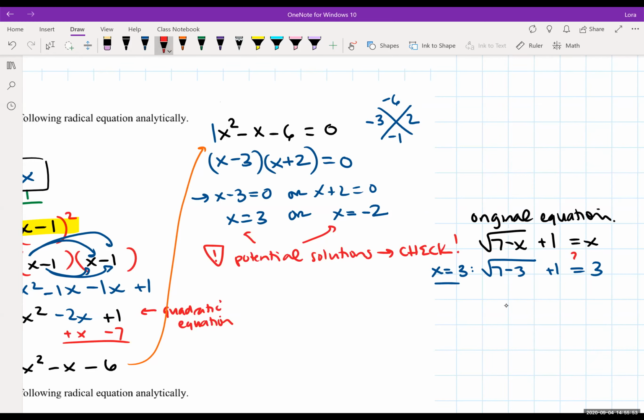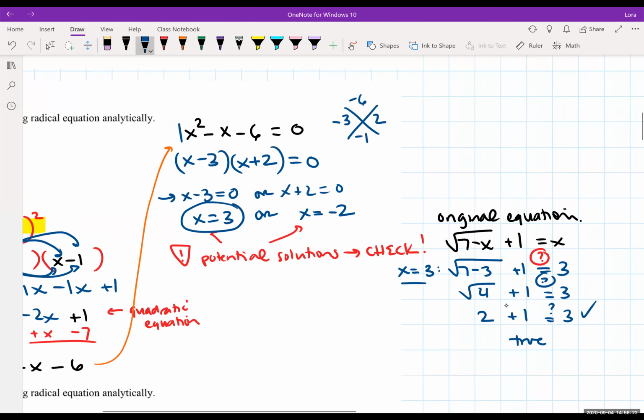And remember, it's a question, we're not sure yet. So when we simplify the 7 minus 3, we get square root of 4 plus 1 equals 3. We're still not sure yet. Square root of 4 is 2, plus 1 equals 3. Yes, it does. So that gave us a true statement. So that means that x equals 3 is a true solution.